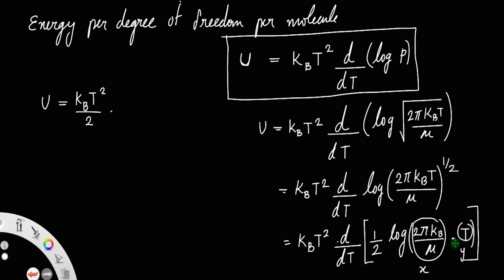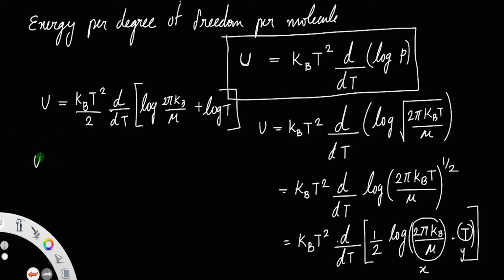So log x into y is log xy, equal to log x plus log y. So d by dT of log of 2 pi kB by mu plus log T. So U is equal to kB T square divided by 2.